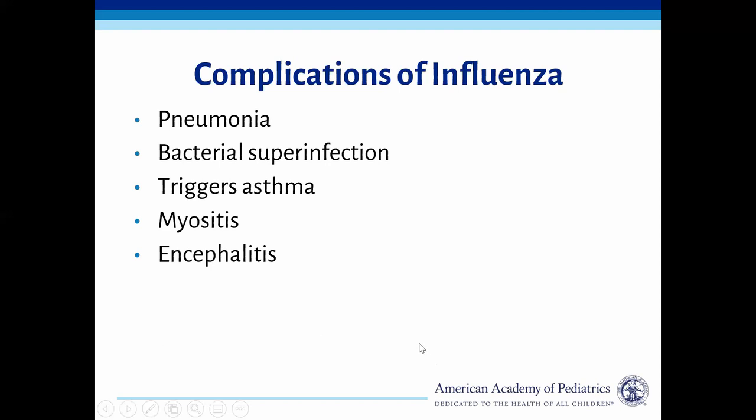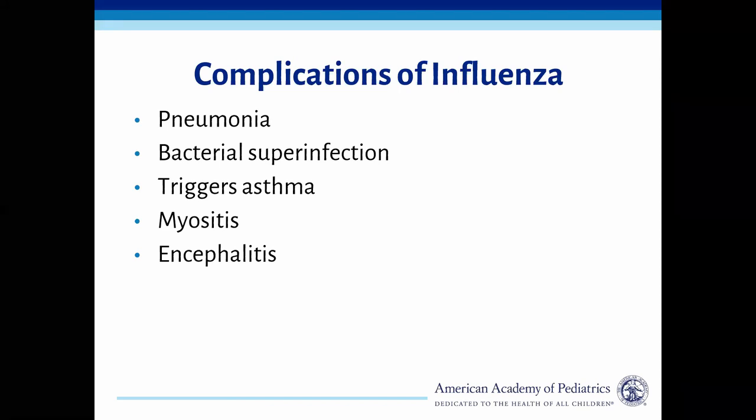We know that asthma is triggered by influenza. We also know that influenza, particularly type B, gets to the muscles and gives a lot of inflammation of the muscles, or myositis. And then both A and B can cause inflammation of the brain and encephalitis. Next slide.